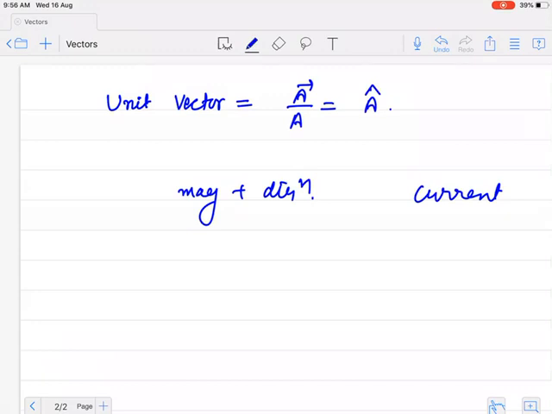Some people say that vectors should have magnitude, direction, and should follow the vector algebra laws. This is more correct. So the laws are much necessary. If a quantity follows the vector algebra laws, it can be treated as a vector: magnitude plus direction, and it should follow the vector algebra rules.